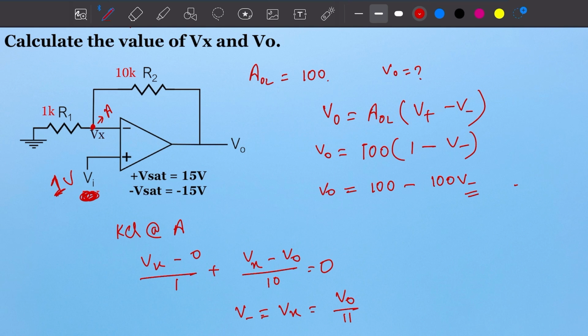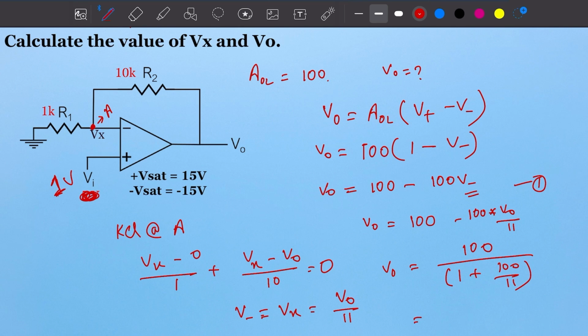If we put this value in equation 1, then we can write V0 equal to 100 minus 100 multiplied by V0 by 11. So from here we get V0 equal to 100 divided by (1 plus 100 by 11), equal to 100 multiplied by 11 by 111, which is how much? 9.90 volt, right?